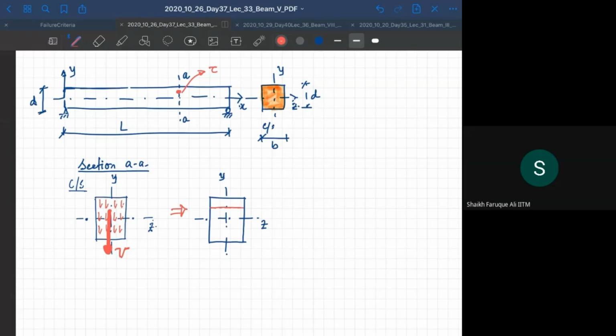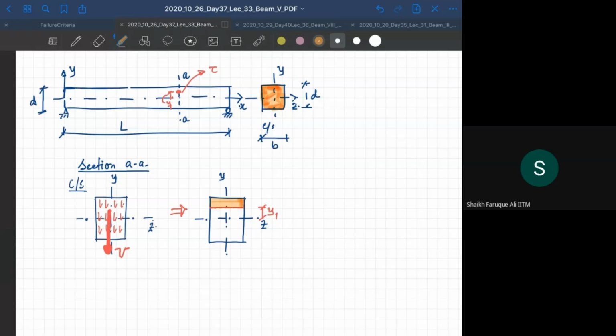right? Because along the width it is going to act, right? So this is y1 distance, y1. So this is going to be again y1. Now to calculate that, I need to calculate the area above it, and its first moment.